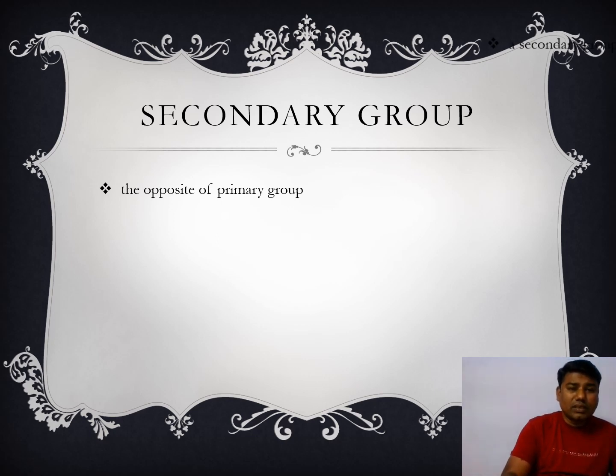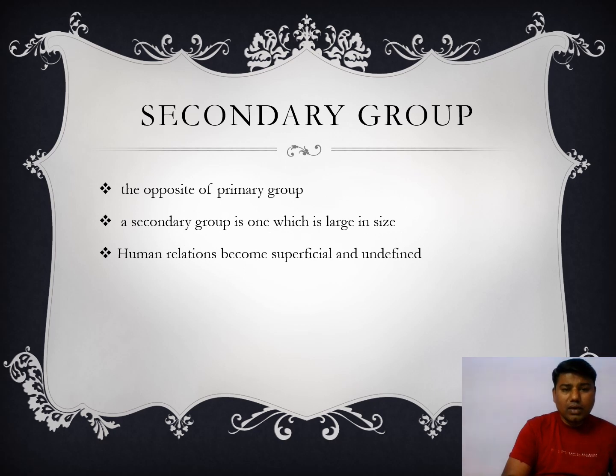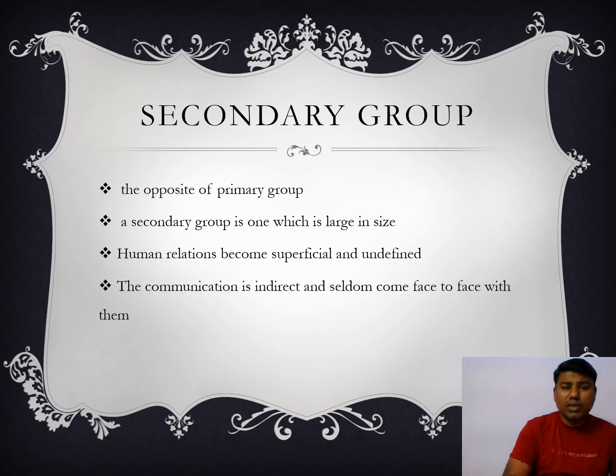That means it is larger in size, it is superficial and undefined. The relationship is not that much close in secondary group. The communication in secondary group is indirect, and the members seldom come face to face with one another.